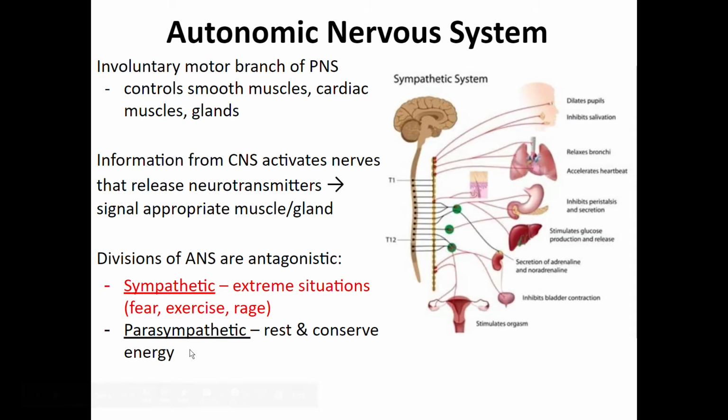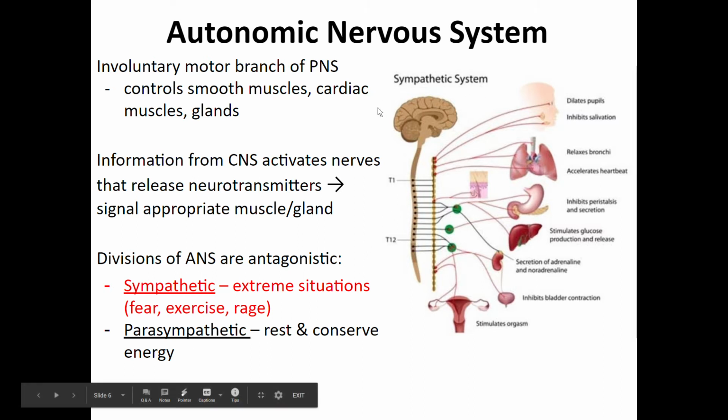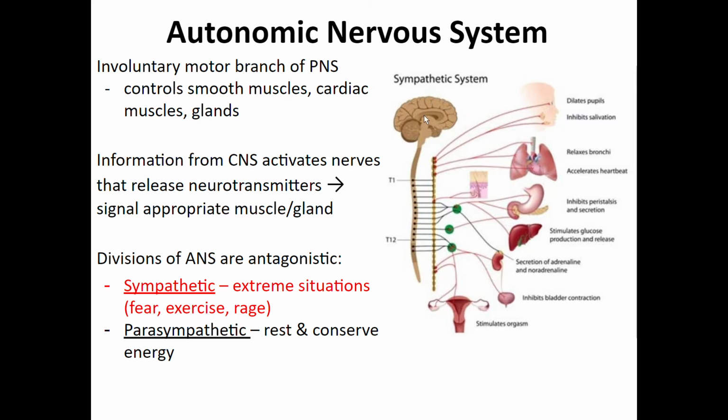So comparing the two, if you have the fight or flight response, you're activating the sympathetic nervous system. Signals from the brain go down the spinal cord, and you can see these little black dots are the cell bodies of the preganglionic neurons that are part of this pathway. And then those go out and synapse with other neurons, postganglionic neurons, in ganglia that are found here in the sympathetic trunk, so this vertical line right here that's parallel to the spinal cord, that's called the sympathetic trunk.